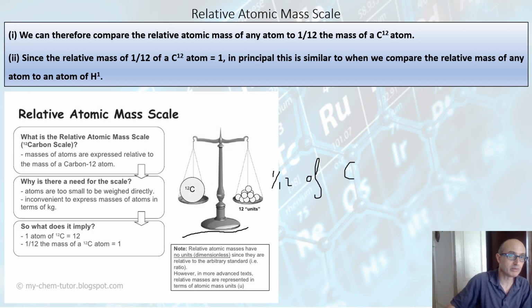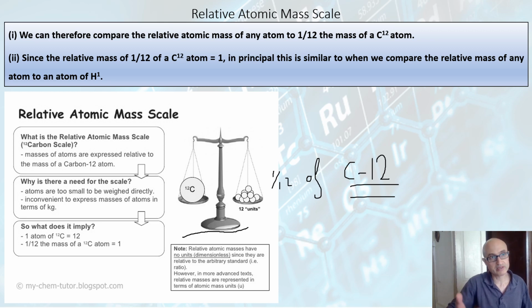Excuse my handwriting, but I do not have a light pen. I just have to use my mouse over here. So carbon-12, if I split that up into 12 equivalent units, I would get 1/12 of carbon-12. So I will compare the relative atomic mass of any element in the periodic table to one of these 12 units, if you like.